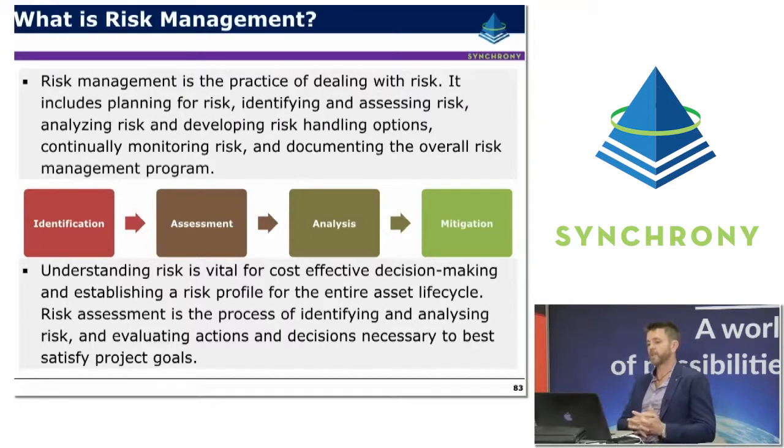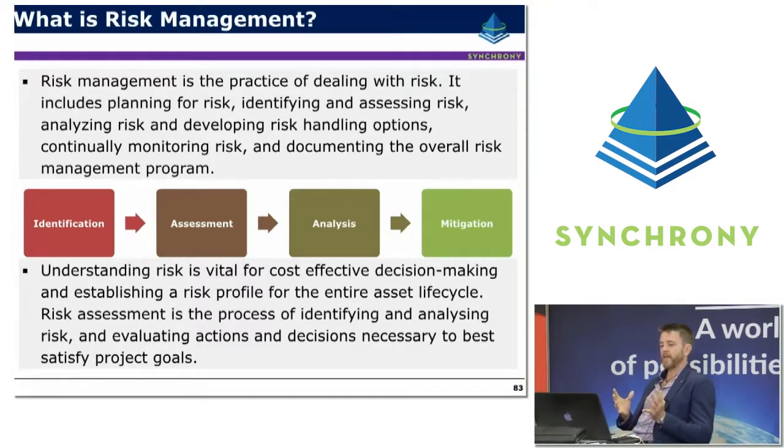So what is risk management? Risk management is basically the process of dealing with that uncertainty and that risk that we described earlier. So it includes planning for the risk, identifying and assessing risk, analysing risk, and identifying risk handling options. It also means continuously monitoring that risk and documenting the overall risk management program.